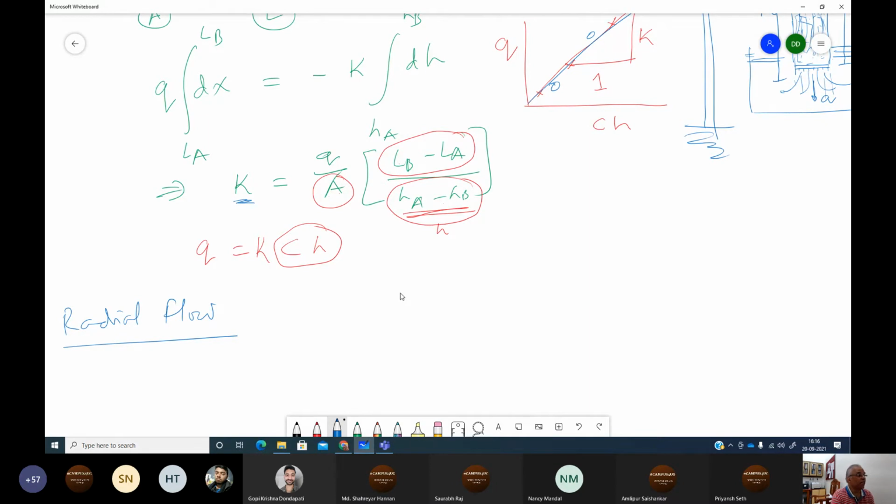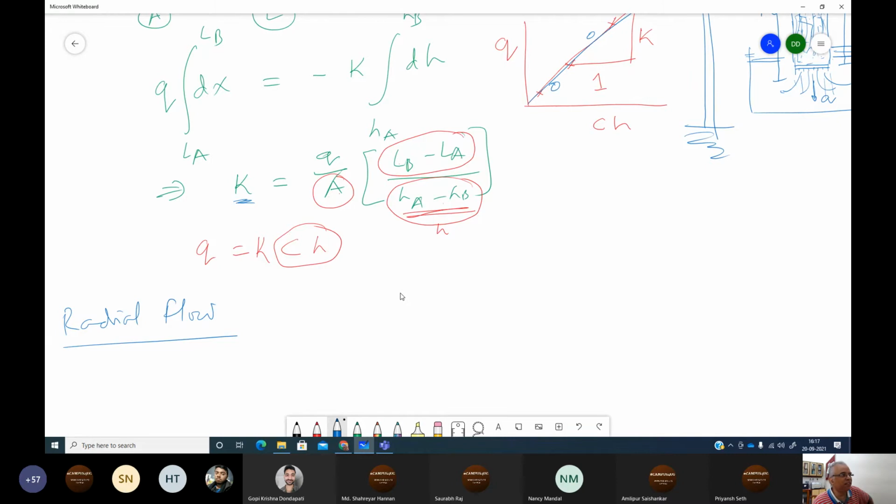Now this velocity, for sand, when it's a very coarse sand, may be some millimeter per second, maybe 5 millimeter per second. It may be that high also. But if it's a very adhesive type soil, it will not allow that.